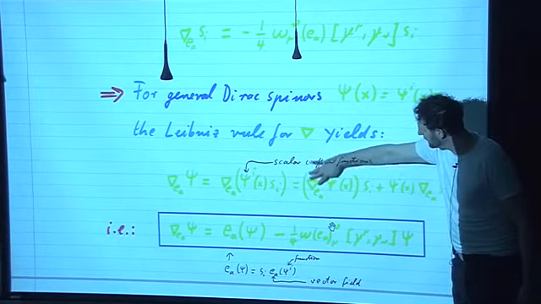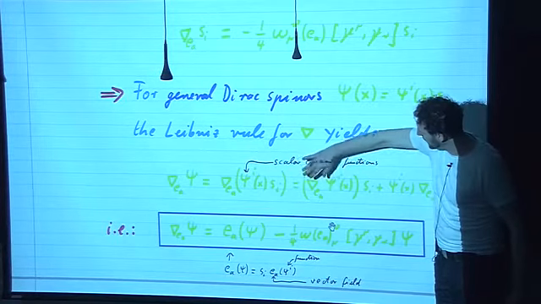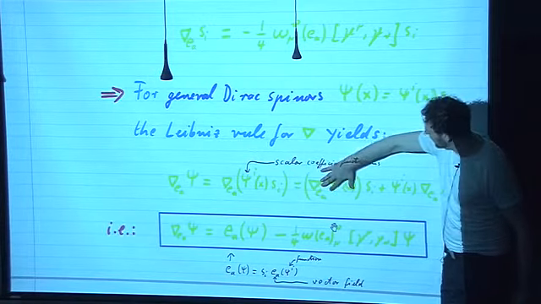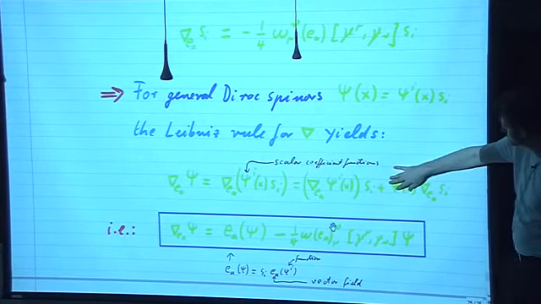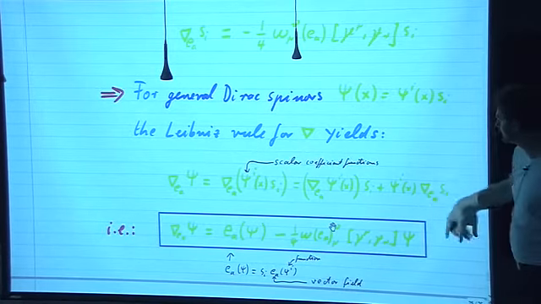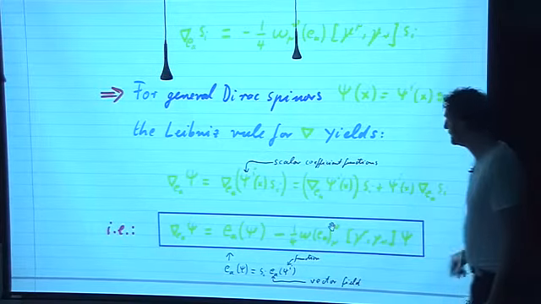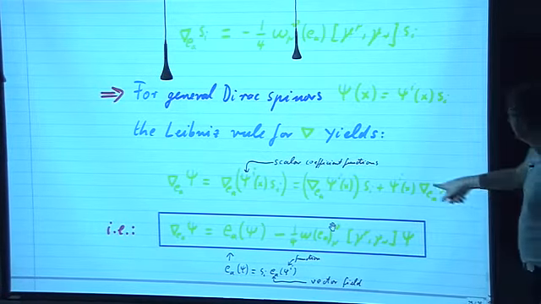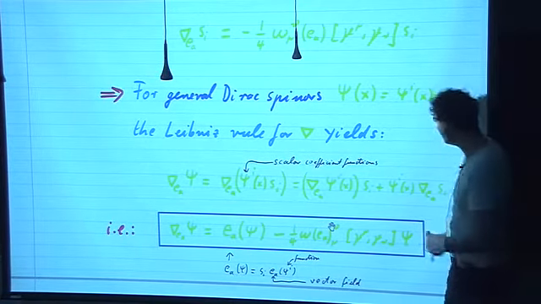And here, by the Leibniz rule, the affine connection acts on the first factor, leaving the basis vectors the same, plus leaving the coefficient functions the same, and then acting on those basis vectors. We know how these act, and we know how that is acting, because these are just coefficient functions, so the affine connection will just ordinarily differentiate them, and this we just figured out. So it's this.